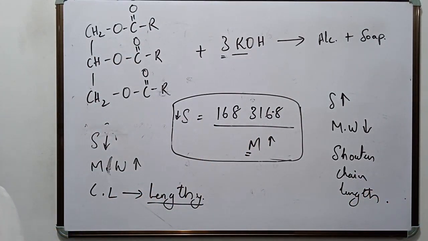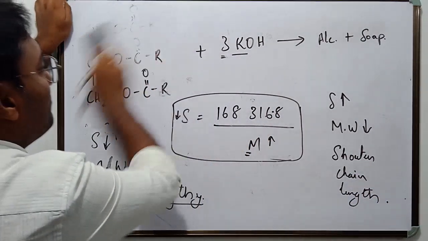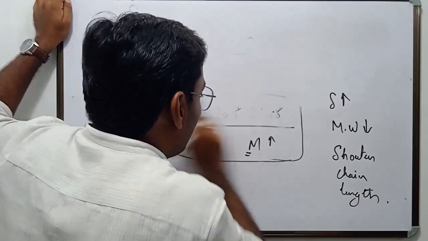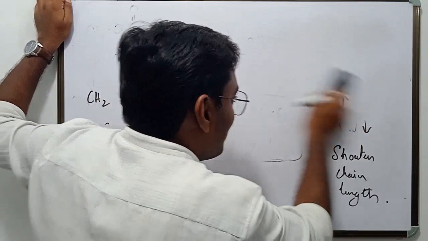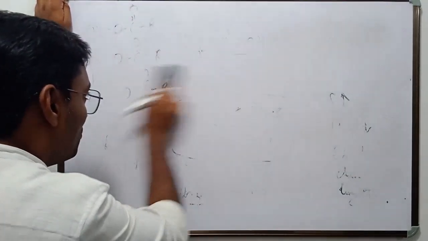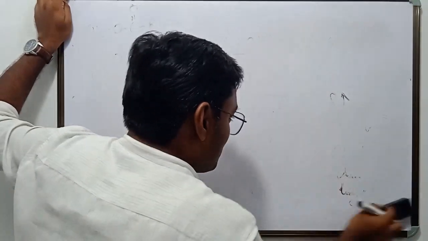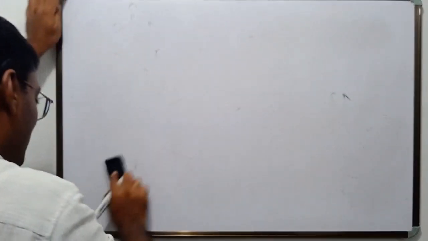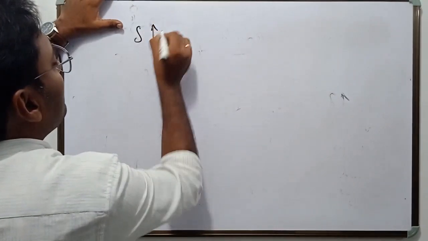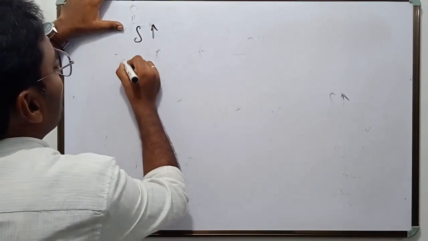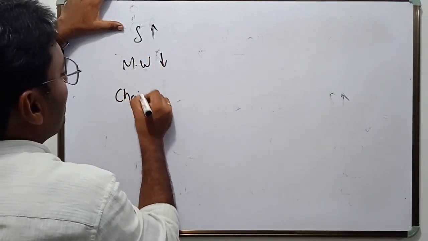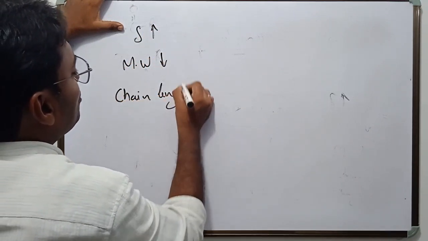We have seen saponification number and we have also seen molecular weight, and we have categorized this into two. What is the category according to saponification value? See, saponification number high means molecular weight is low, chain length is shorter.